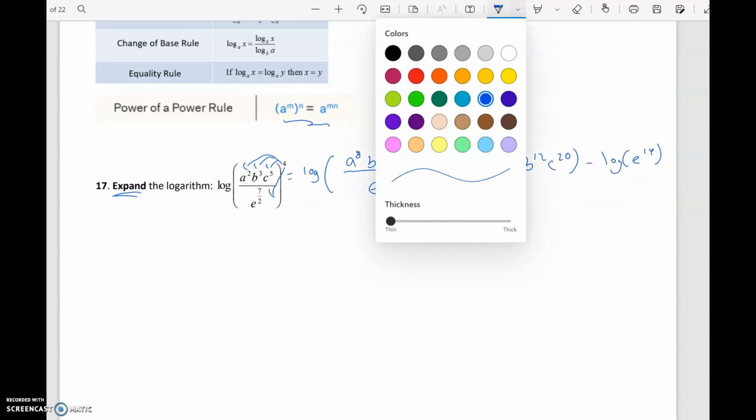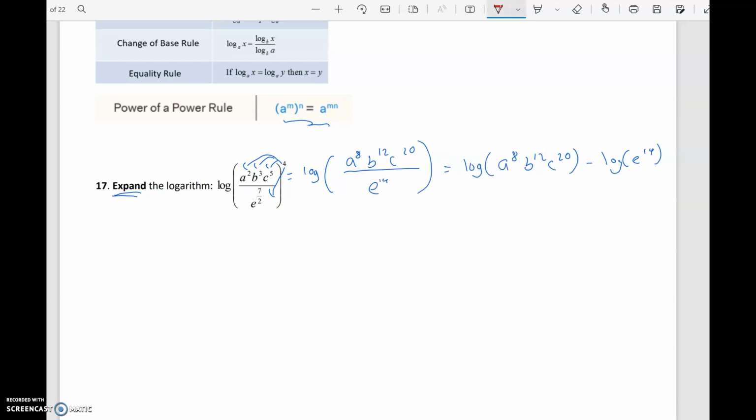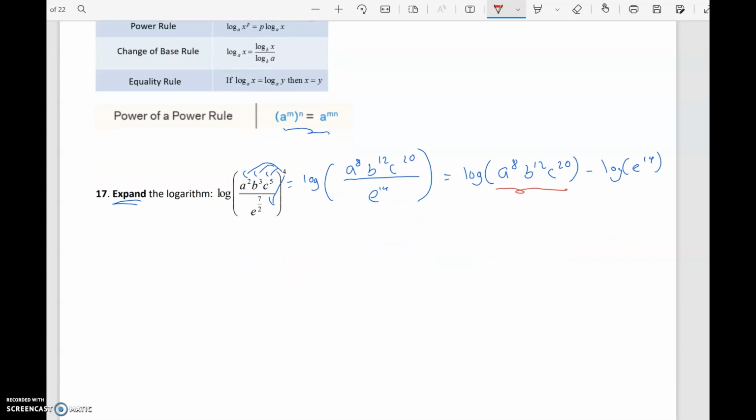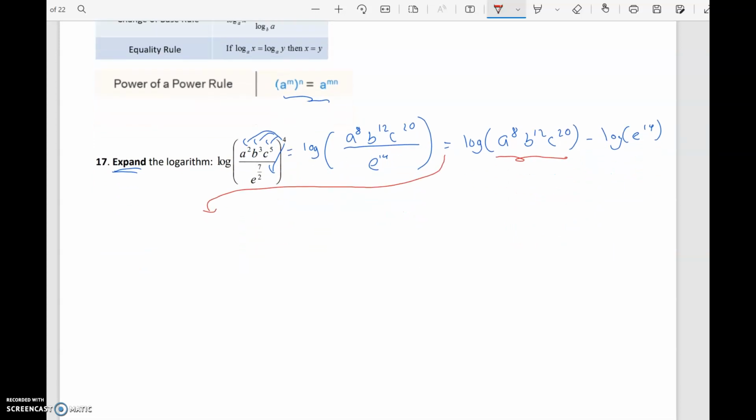Now, the next step, I'm going to separate those logs, and we're going to be using the product rule. So if you have multiplication of values inside of a log, you can express it as a sum. So this is going to make a little bit of a mess, so let me just rewrite it in here.